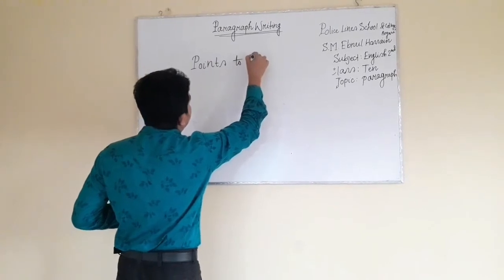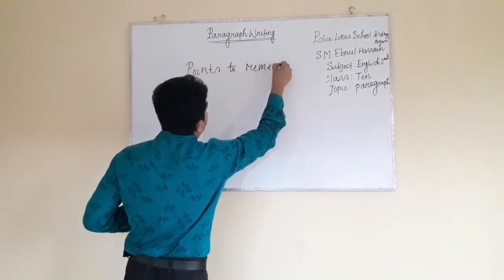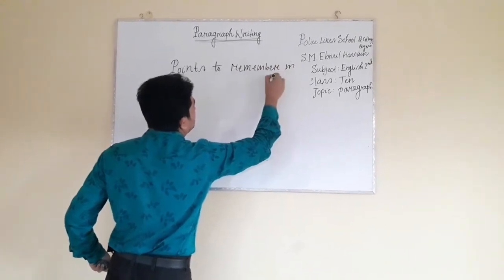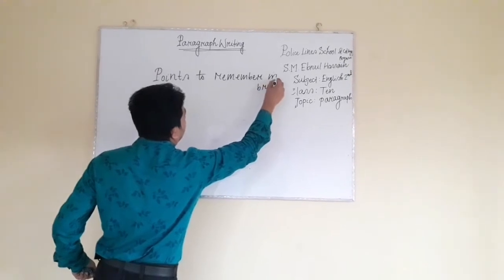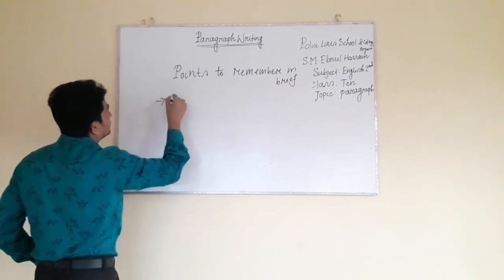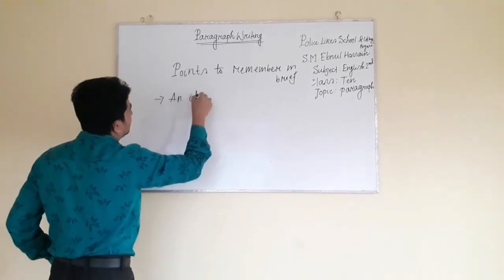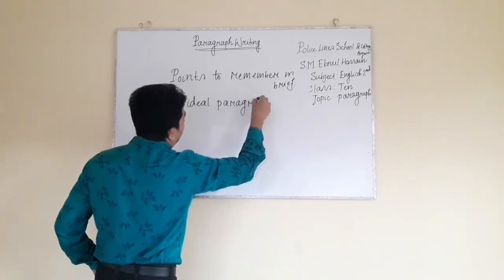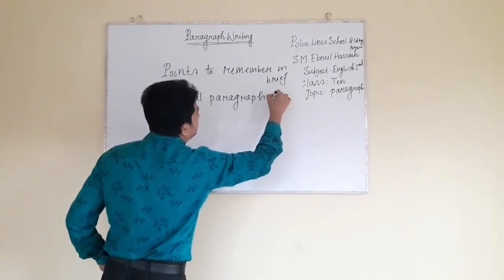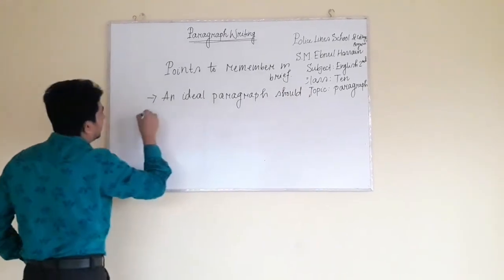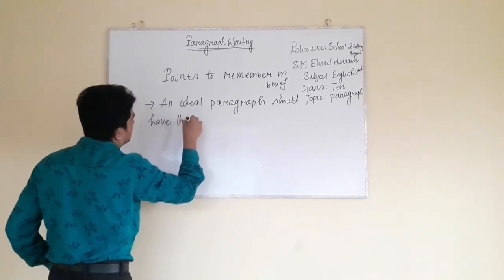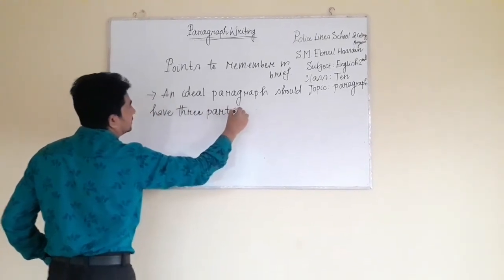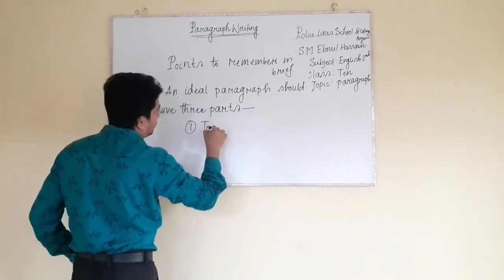Points to remember in brief. An ideal paragraph should have three parts. Number one, topic sentence.